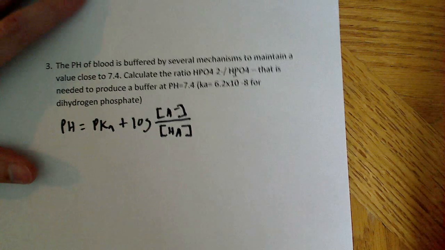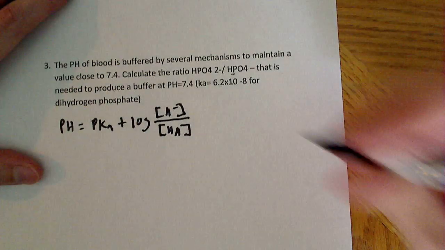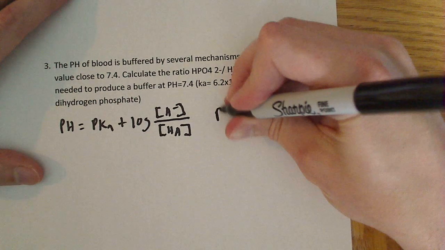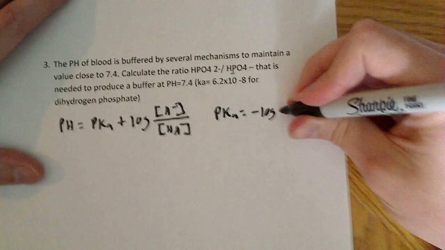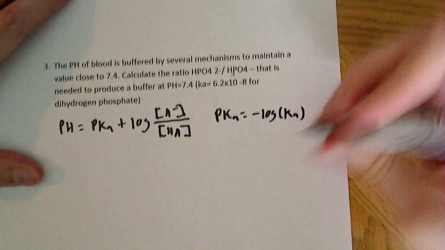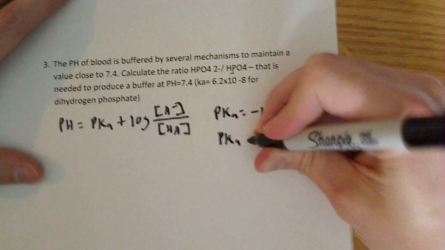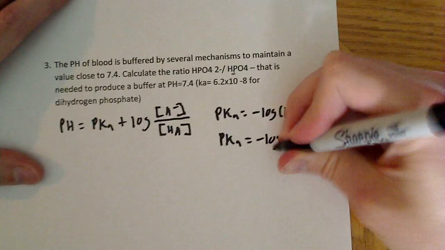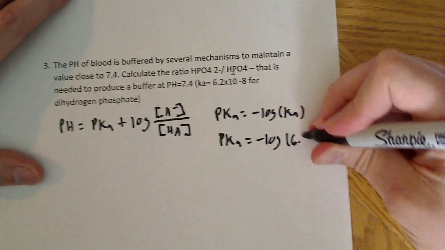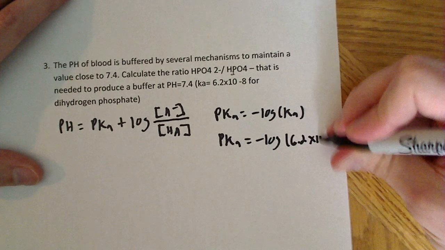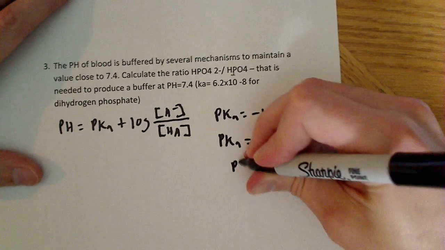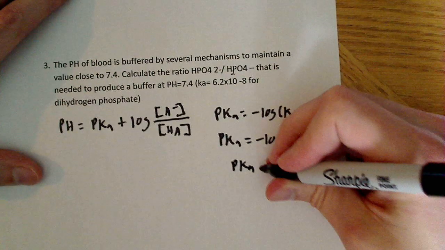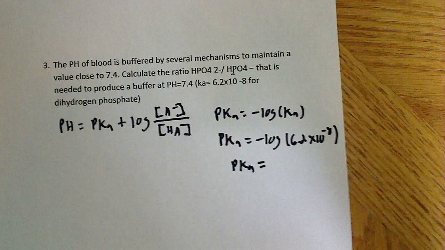Now we don't have the pKa, but we are given the Ka in the problem, so we can solve for pKa by saying the pKa is equal to the negative log of the Ka. So pKa is equal to the negative log of 6.2 times 10 to the negative 8. So the pKa is equal to 7.2.